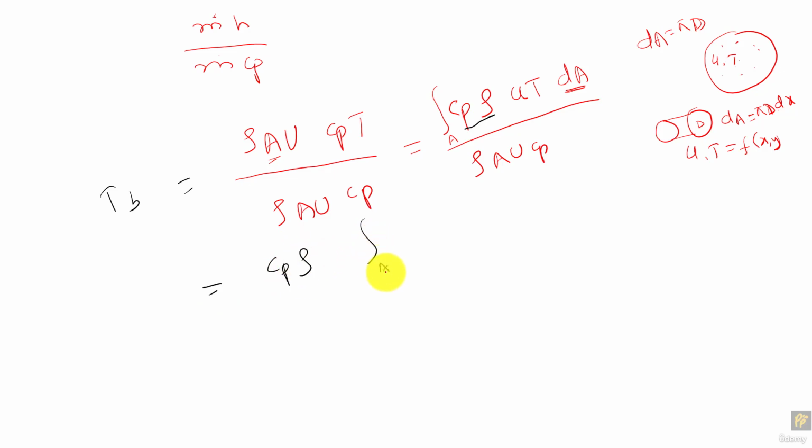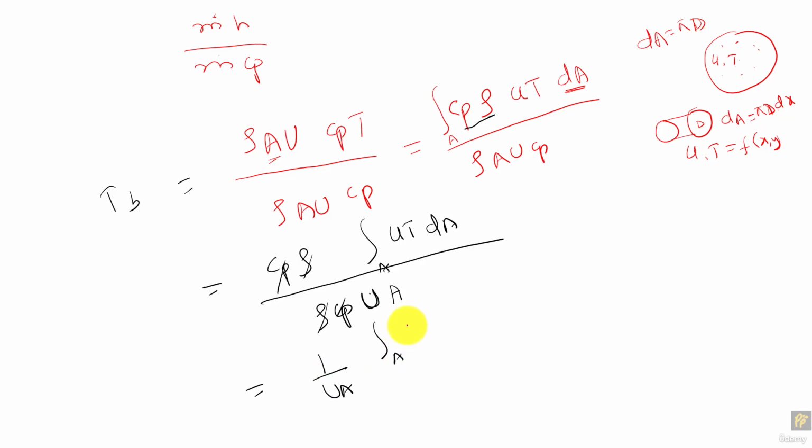So I can keep the u and T inside, and here this is the rho and Cp, and this u is going to be the average velocity at that particular location, that is the capital U, and this is the area. Now we can cancel out these terms, and we get 1 upon UA into the integration of uT dA.